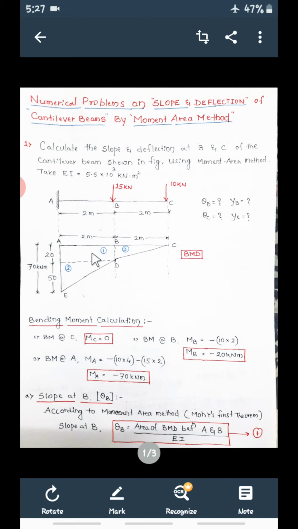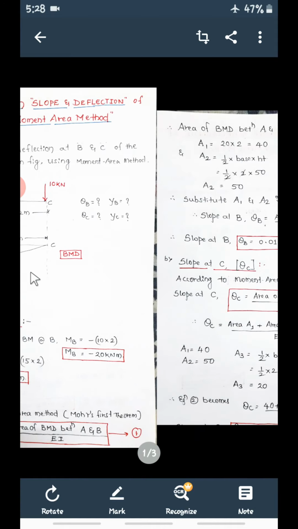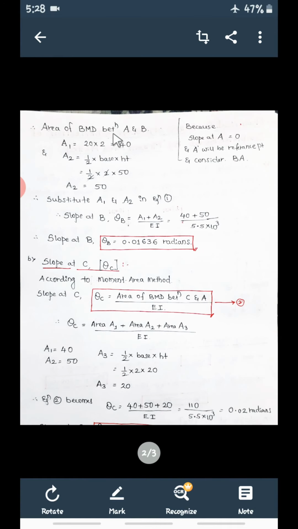So theta B is area A1 plus area A2 divided by EI. Okay. Now why are you considering AB? Because slope at A is 0 and A will be the reference point, and consider portion AB. Okay. Now calculate A1.